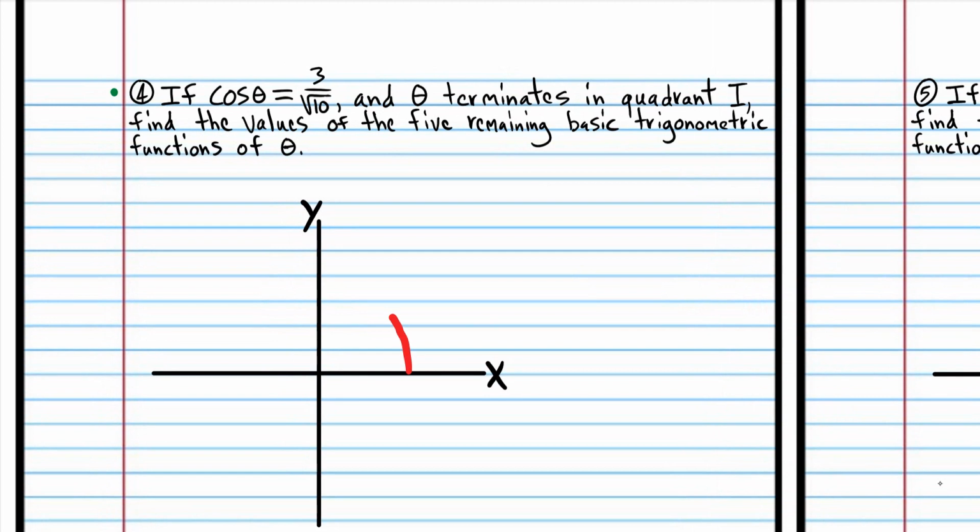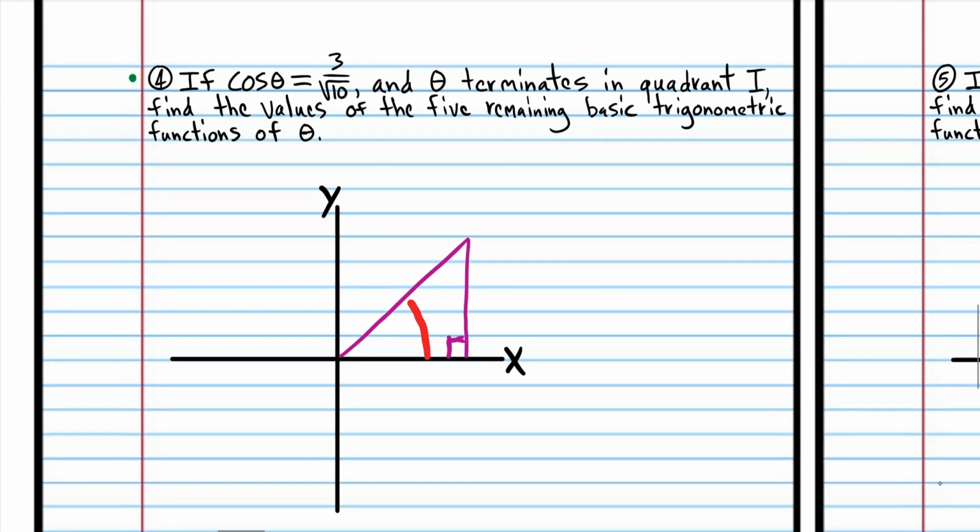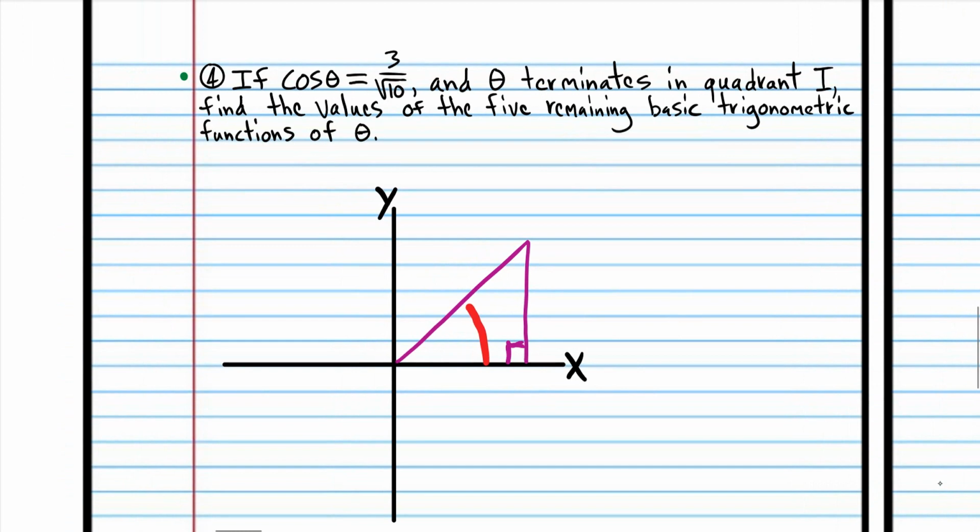So you're going to rotate, and it doesn't matter exactly what the measure is, create a generic right triangle. And remember, we don't know what the side lengths are, but we know that cosine theta, the adjacent side of the reference angle, in this case the red angle, divided by the hypotenuse is equal to 3 over root 10.